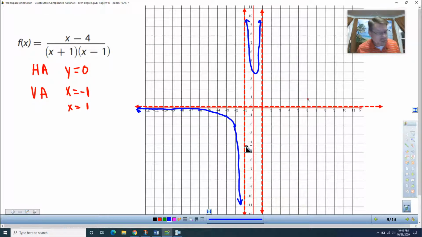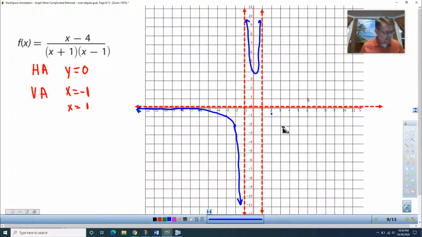Okay, so we're skipping over x equals 1 and going over to x equals 2. And we're just again going to plot points. Okay, and something weird's going to happen, but that's okay. We're just going to keep on plotting points. Okay, it'll work out. So 2, -2/3 is 0.67.